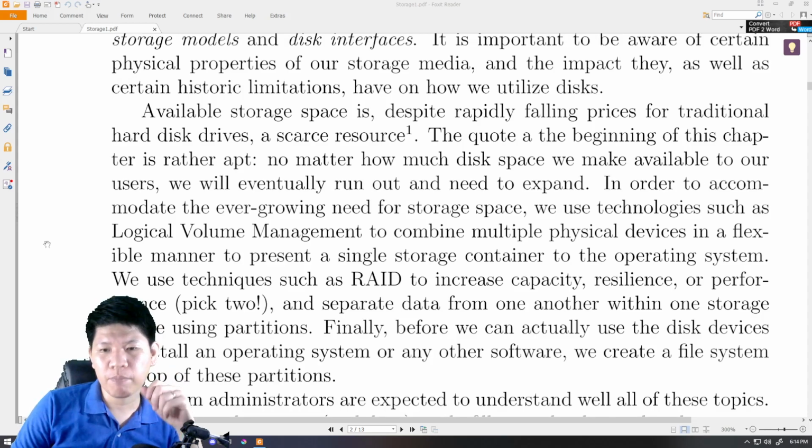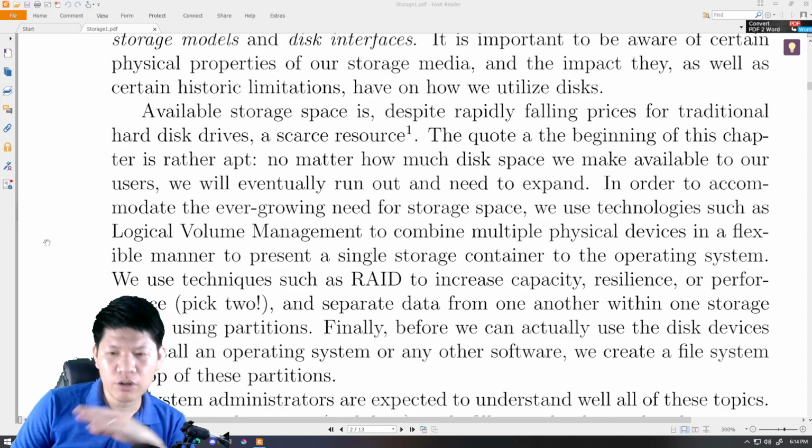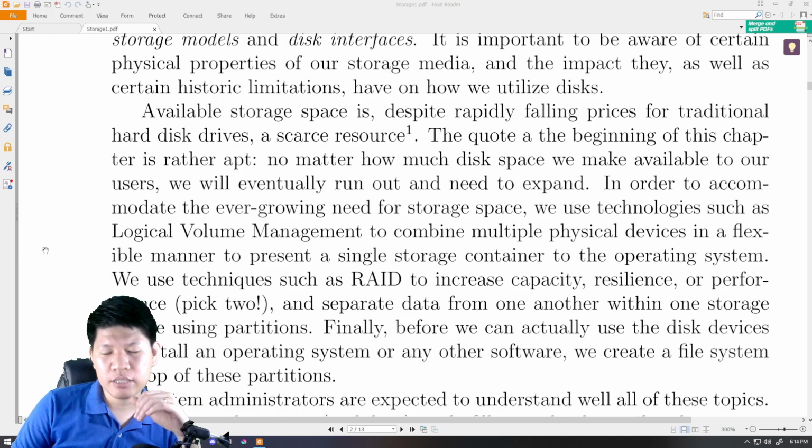So, for example, if we want to maximize our capacity, either the performance or the resiliency will be sacrificed. If we want more capacity and performance, the resiliency or durability of our logical volume will be at risk. And we can separate data from one another within one device using partitions.